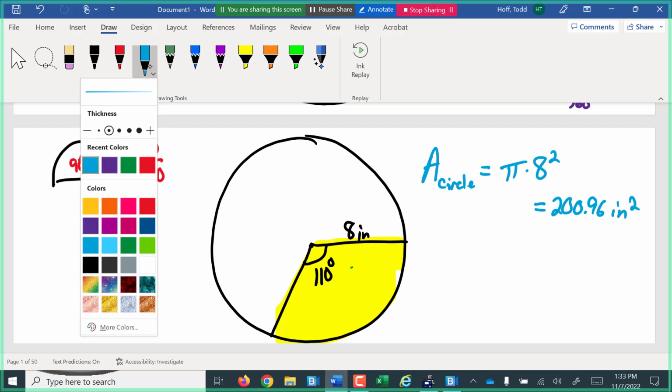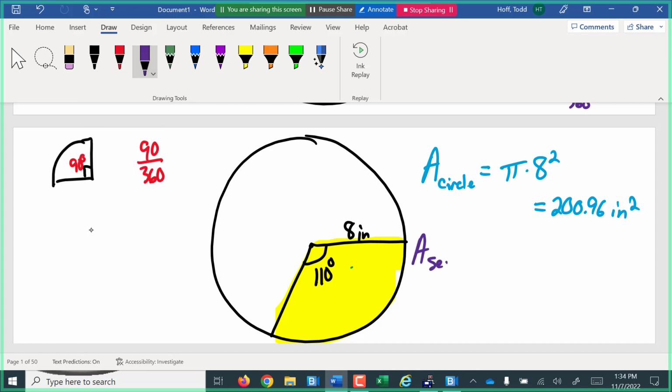So then to find the area of the sector, we take the area of that whole circle, 200.96 square inches, times what? 110 over 360. Because that central angle of 110 degrees defines the fraction of the whole circle.